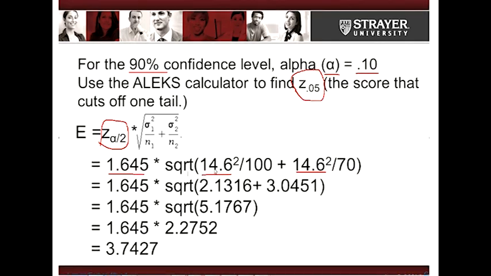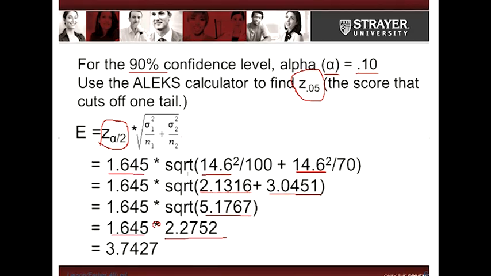Then just working this value out, 14.6 squared is 213.16, over 100 is 2.1316. 14.6 squared over 70 is 3.0451. I'm going to post this PowerPoint so you can go back and check it yourself. Adding those two together, we get 5.1767. The square root thereof gives 2.27.